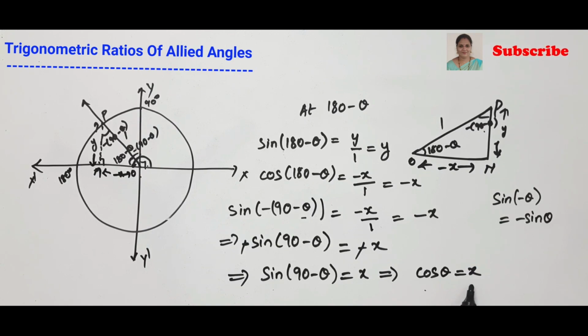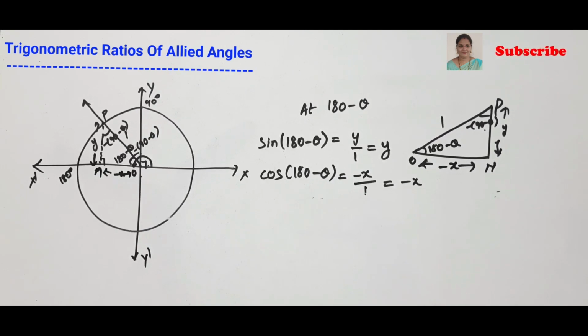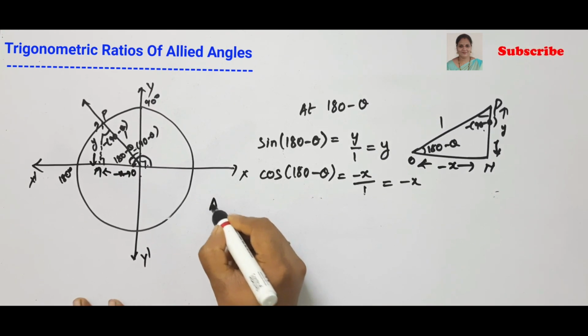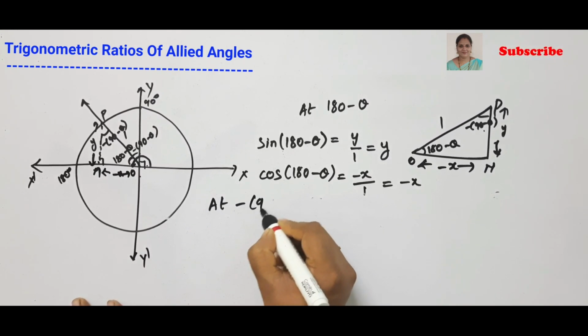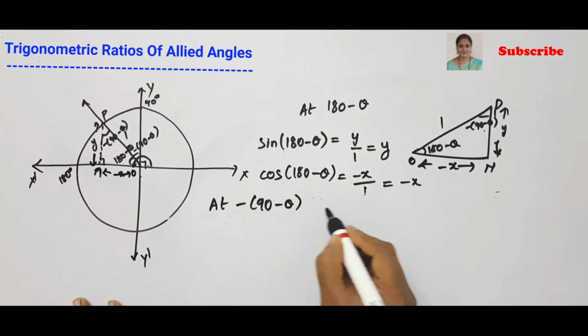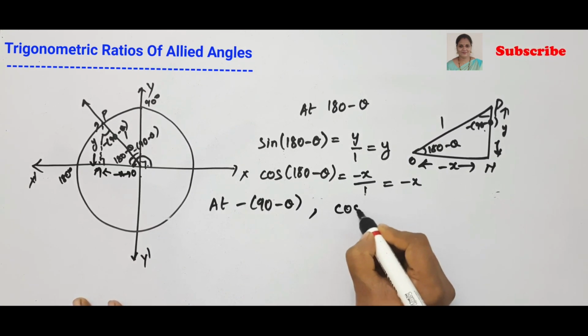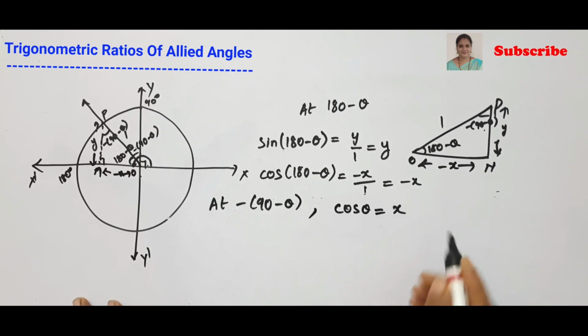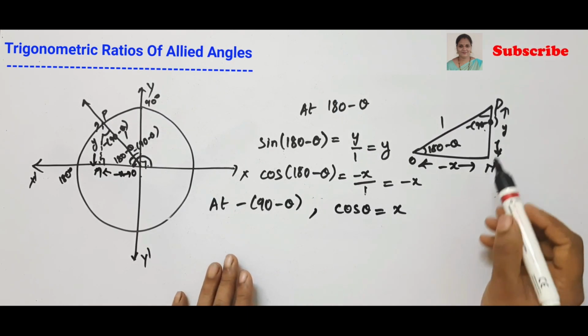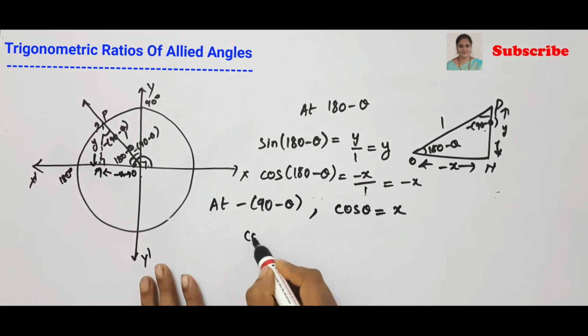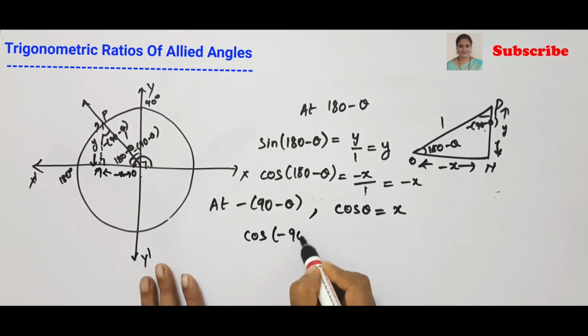This is the value we got for x, is it not? So at minus of 90 minus theta, we got cos theta is equal to x. Now let us calculate cos of minus 90 minus theta.